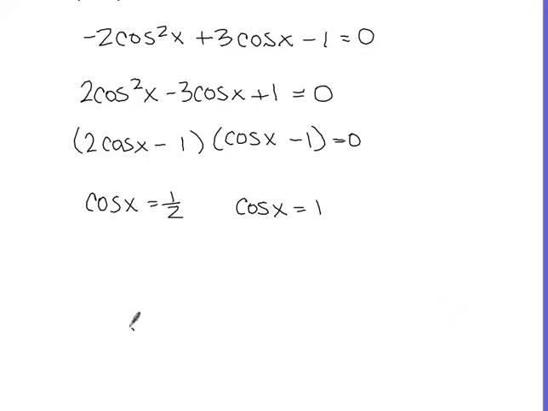So if I look at the unit circle, cosine of x is equal to 1/2 at these 2 points, and cosine of x is equal to 1 at 1 point.